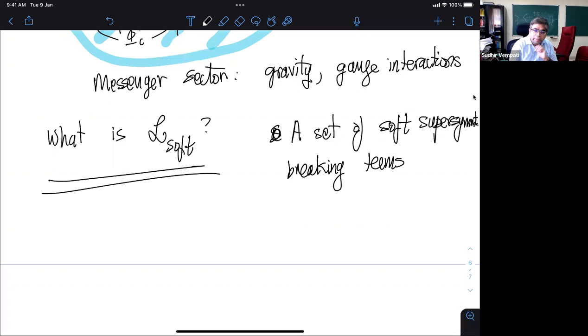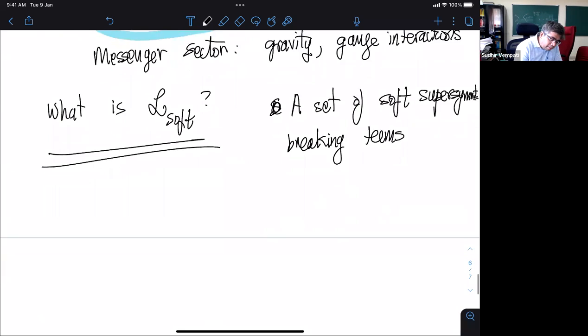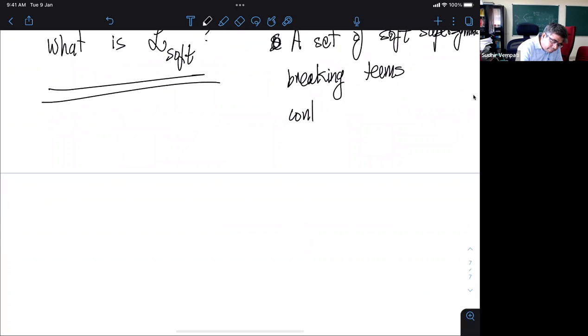They are parameterized terms which break supersymmetry. What should they contain?